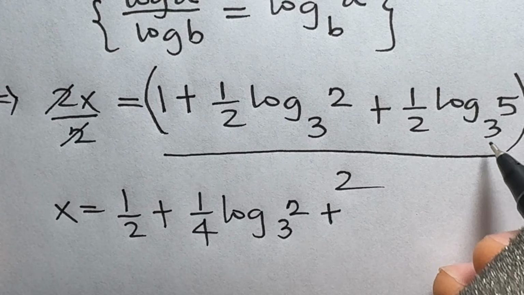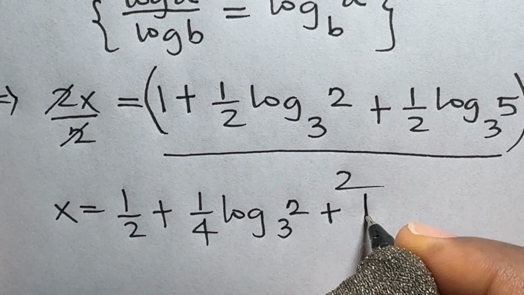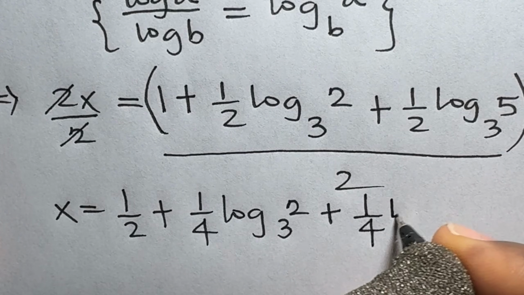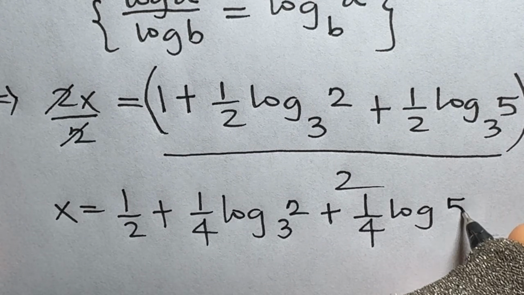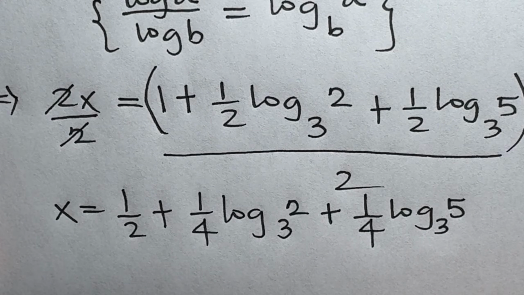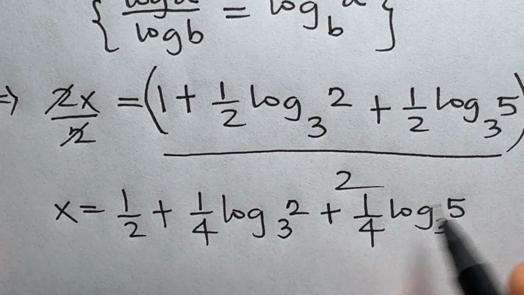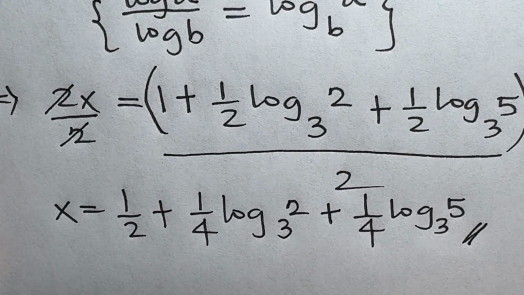Then 1 over 2 log 5 base 3 divided by 2 becomes 1 over 4 log 5 base 3. And this will be our final answer.